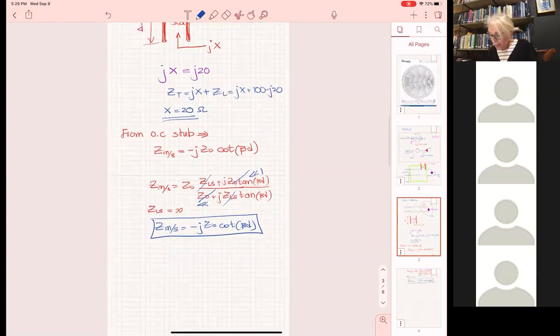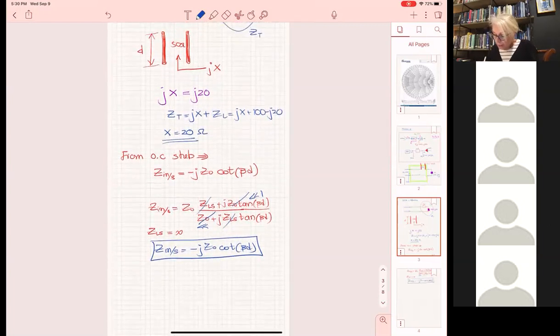All right? And now that I know Z naught, which is 50 ohms, and I know X, what do I have?